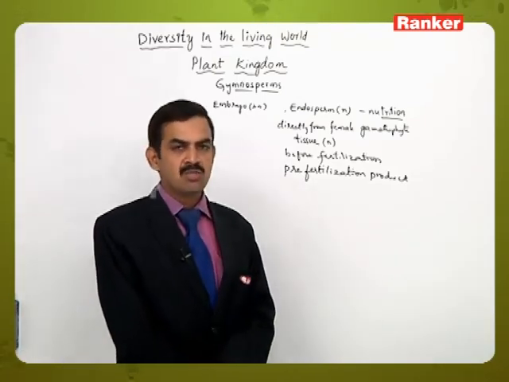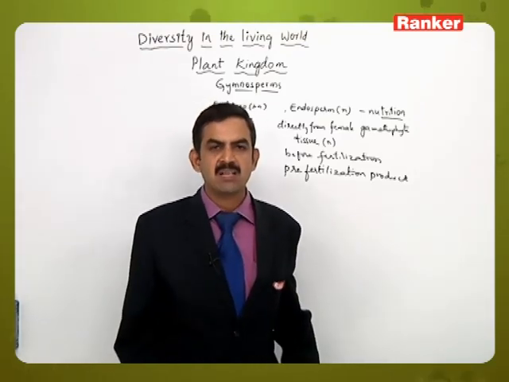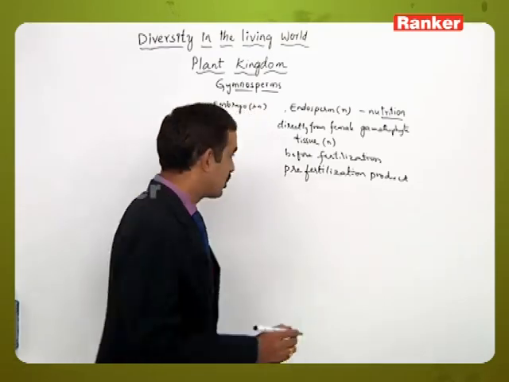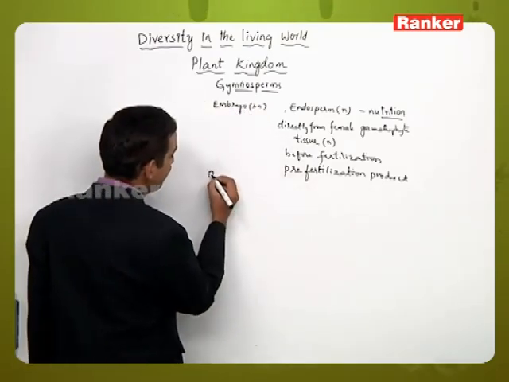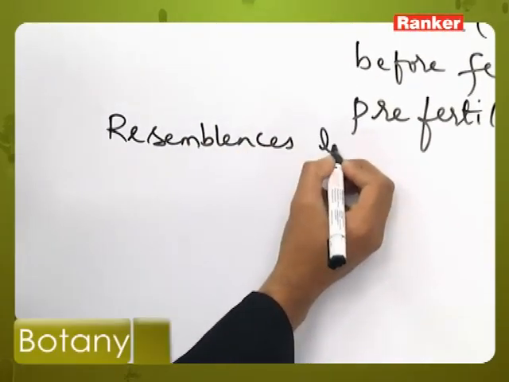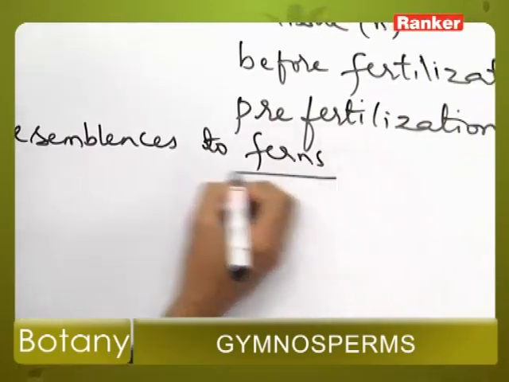The gymnosperms are non-flowering plants. Despite that, they are showing some similarities with the other non-flowering plants like pteridophytes. So let us see some similarities, resemblances of gymnosperms to the ferns or the pteridophyta group of plants.